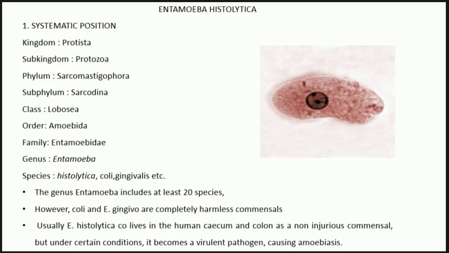There are three species within this genus: Entamoeba histolytica, Entamoeba coli, and Entamoeba gingivalis. But in this chapter we are going to study only Entamoeba histolytica. Now, the genus Entamoeba includes at least 20 species, and they live in vertebrate and invertebrate hosts.